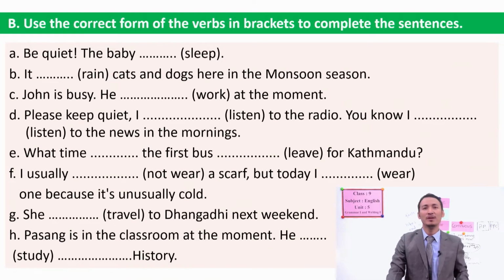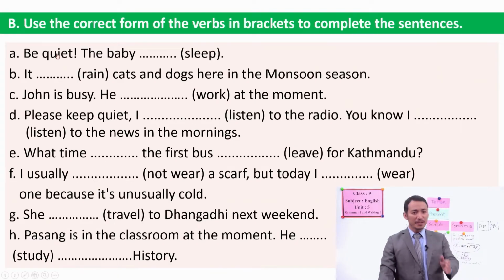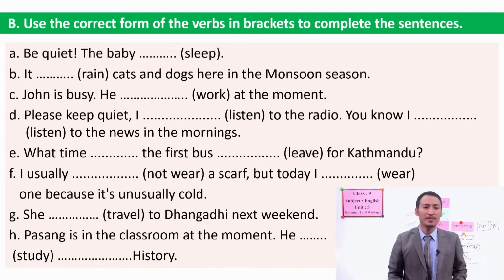Here we have to fit those simple present tense and present continuous tense according to the situation we find in the sentence. Okay, students? Now let's look at this first sentence. Can you read it aloud? Yes. The first sentence is, be quiet, the baby sleep. What do you think is there?